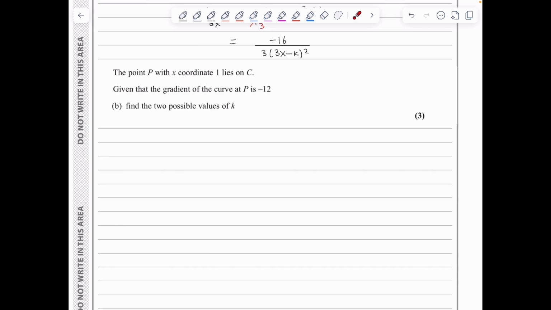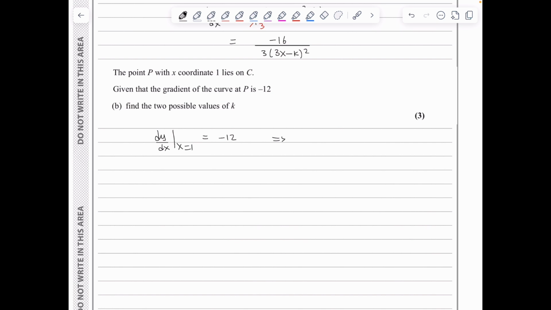We are then told that the point P with x coordinate 1 lies on C, and the gradient of the curve at this point is negative 12, and we need to determine the two possible values for k. So let's start with the first fact that dy/dx at x equals 1 is equal to negative 12. So I will be substituting x is 1 in the expression we just obtained.